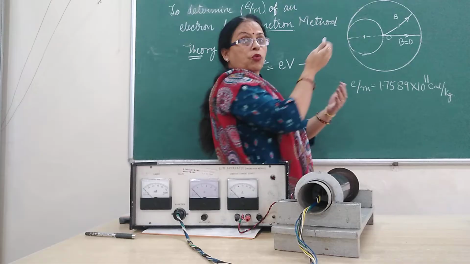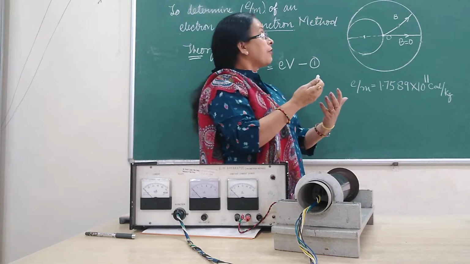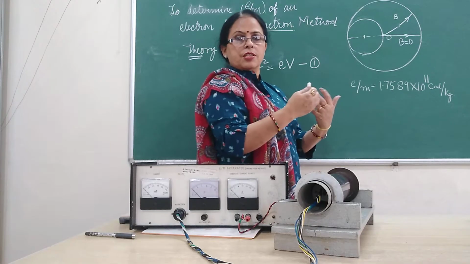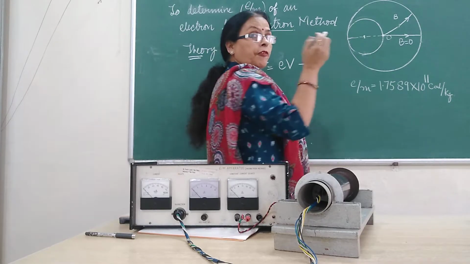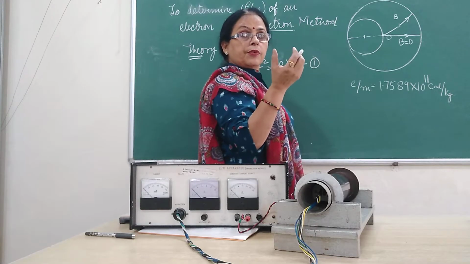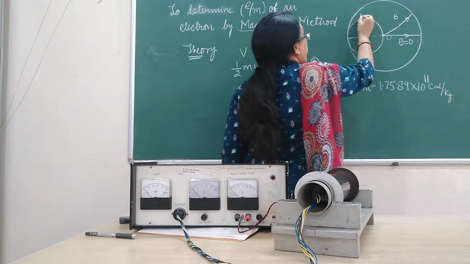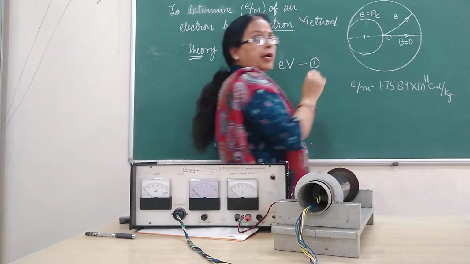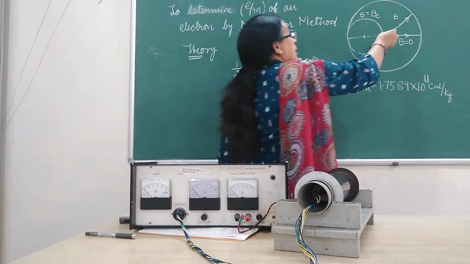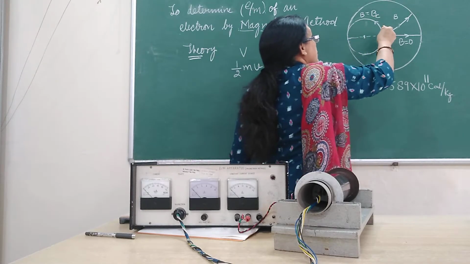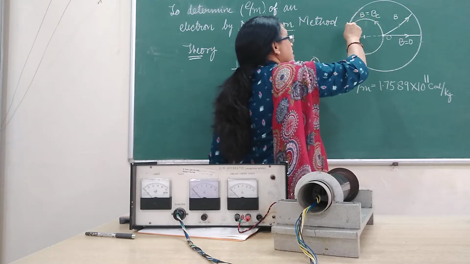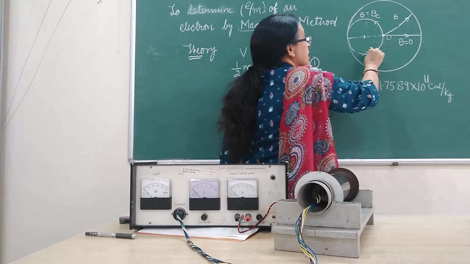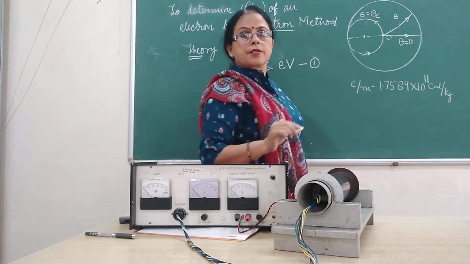If we go on increasing the intensity of the magnetic field, the electron path becomes more and more curved. For a value of magnetic field, which I am calling BC, the critical magnetic field, the path of the electrons becomes so curved that it just touches the anode, or it goes tangentially towards the anode surface.